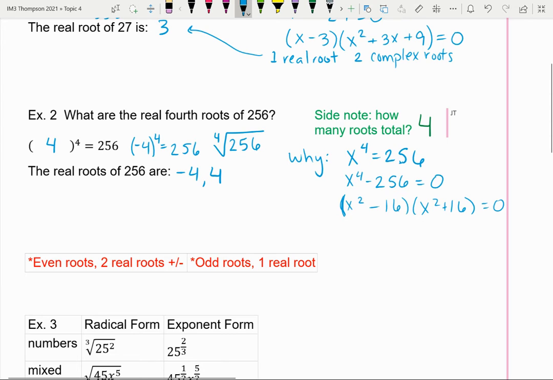And this is a unique scenario because when I take the difference of squares and I factor, this is actually the difference of squares again. X squared minus 16 is another difference of squares. So that is further factorable. Now, only difference of squares is factorable. Sum of squares is not factorable for real roots.